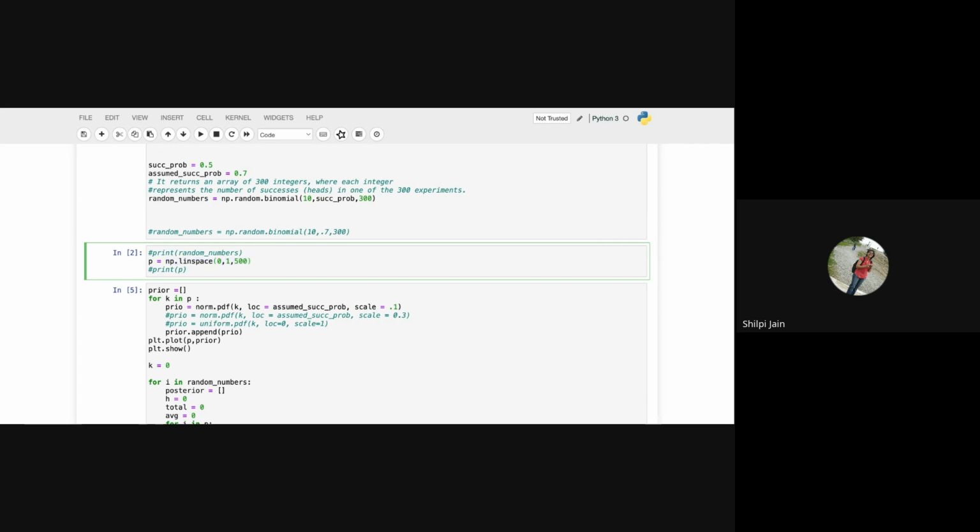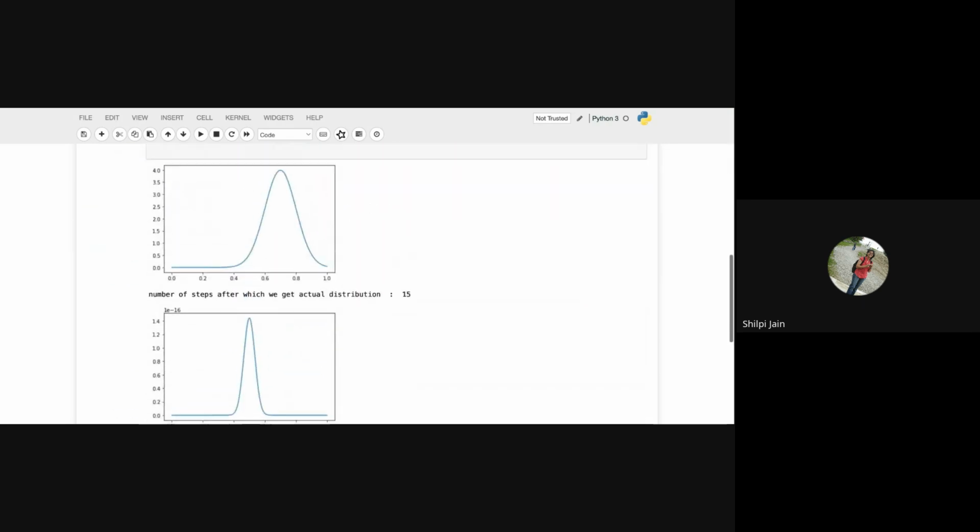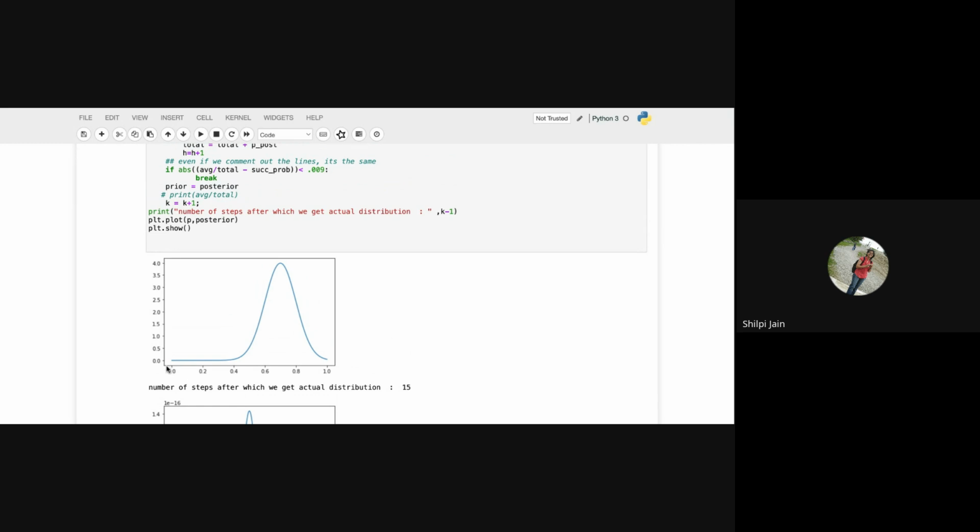At each point it calculates the height of the Gaussian. So the x-axis represents the probability of getting head, and the height tells the belief that I have in that. Essentially, I'm generating an array of numbers for each probability value of success. I can show you this distribution maybe. This is going from 0 to 1.